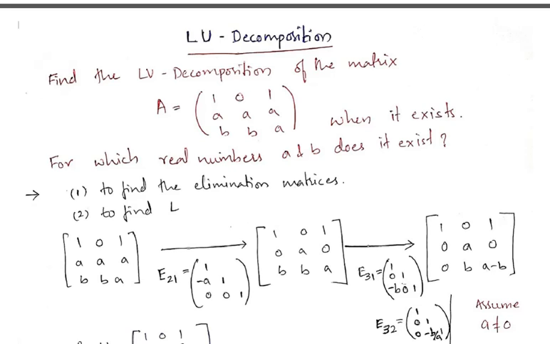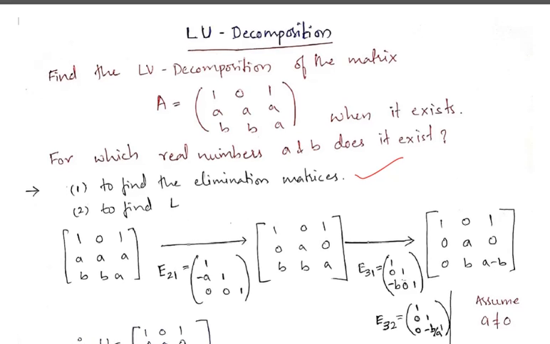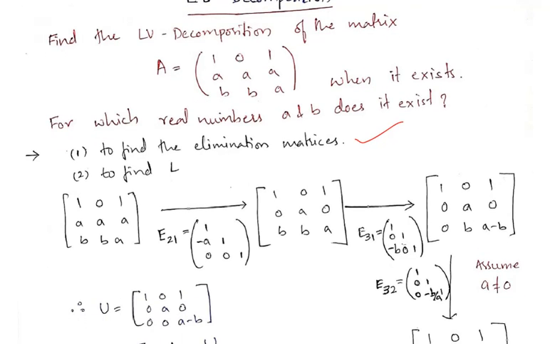The resulting operations done on the matrix will give the upper triangular matrix. So how do we find the lower triangular matrix? We first find the elimination matrices, then we come to the lower triangular matrix. This is a bit tricky, so please concentrate a little bit. You need to do it with more care.